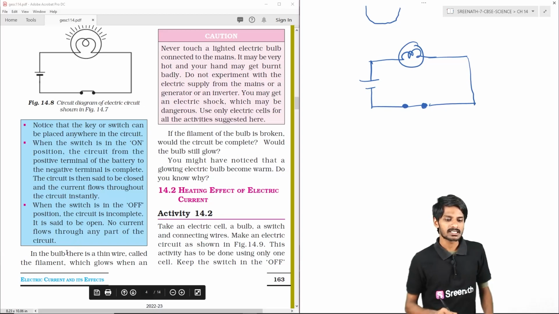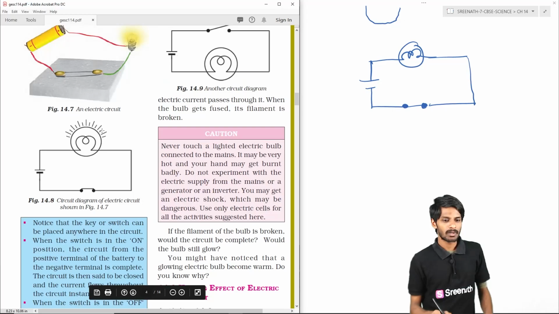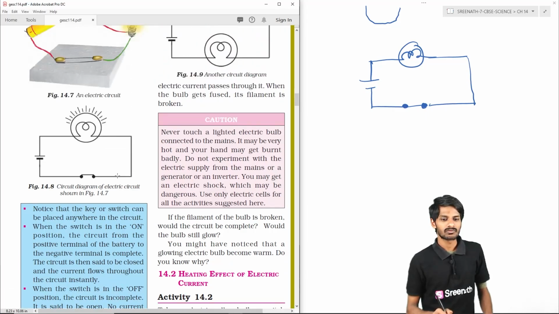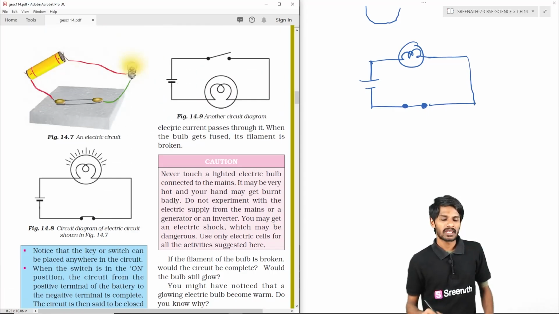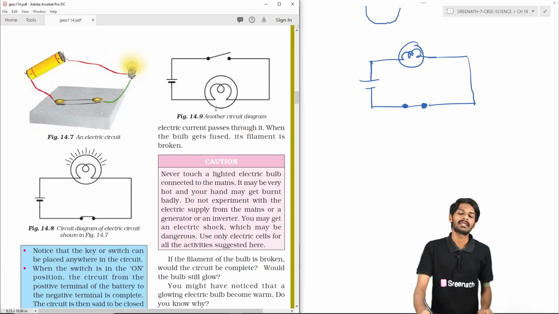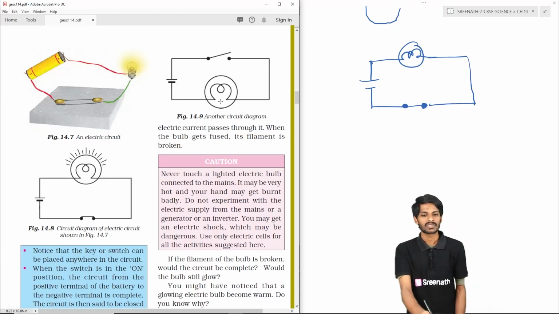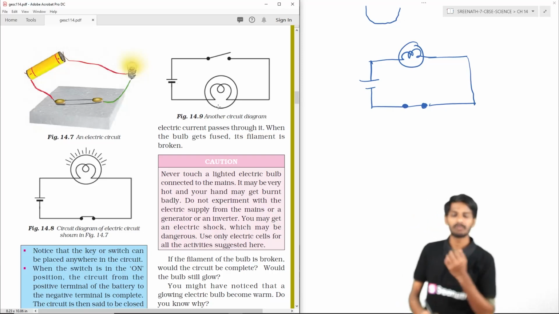And one more thing, students: in the bulb there is a thin wire. If you see in the bulb there is a thin wire, we call it the filament, students. So whenever the current passes through the bulb, the current enters into the filament. Whenever the current enters the filament, it becomes heated.